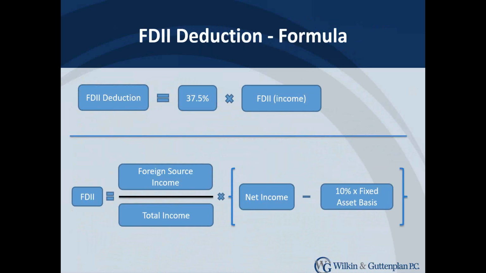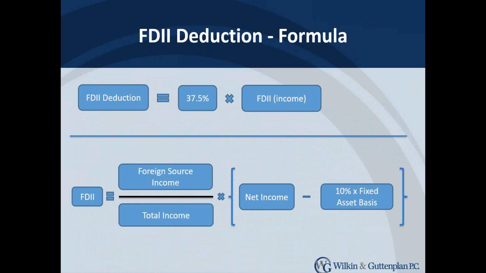Without further ado, let's just go through the ninth grade math here in my visual, so we can easily explain this deduction. So FDII, or foreign derived intangible income deduction, equals 37.5% times the foreign derived intangible income.